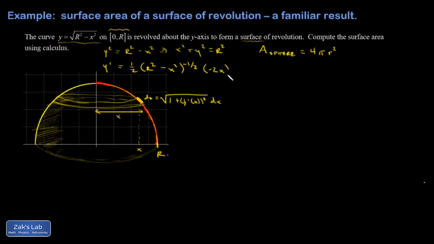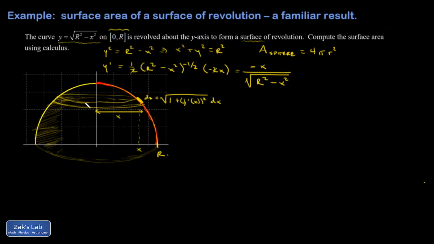That's the derivative of the interior. So the 2's cancel, and I end up with a negative x. And then this thing to the negative 1/2, that means 1 over the square root. So that's going to be square root r squared minus x squared. And then I'll go ahead and square that as I'm setting up the integral.